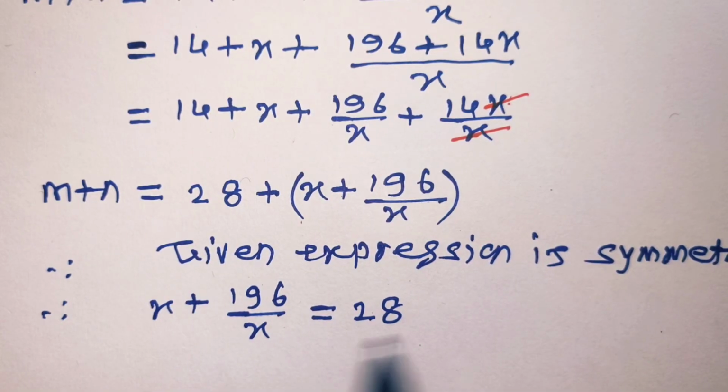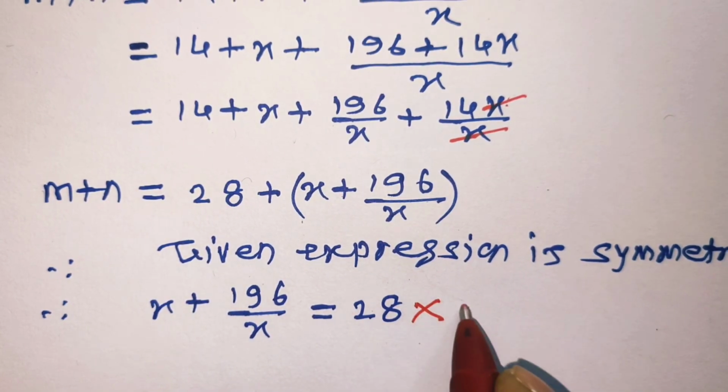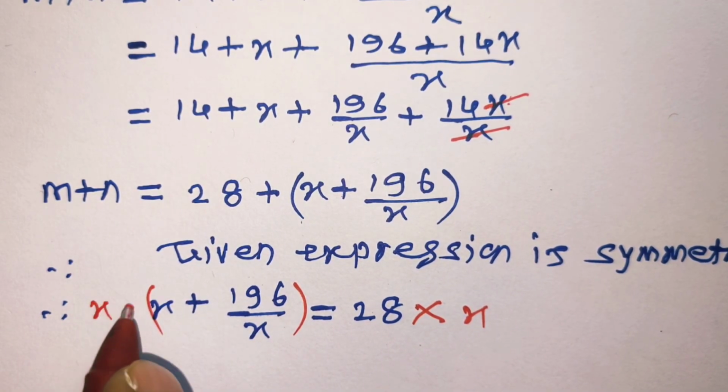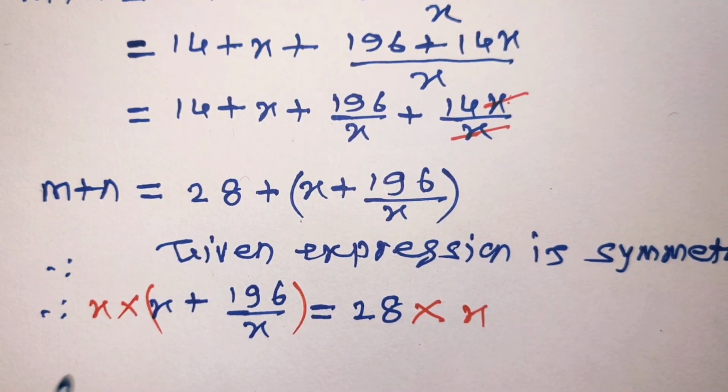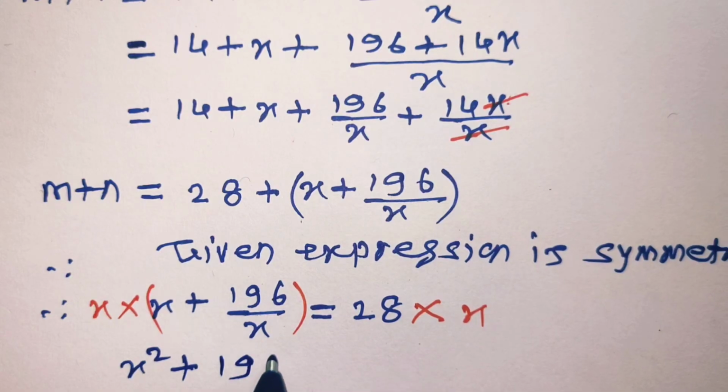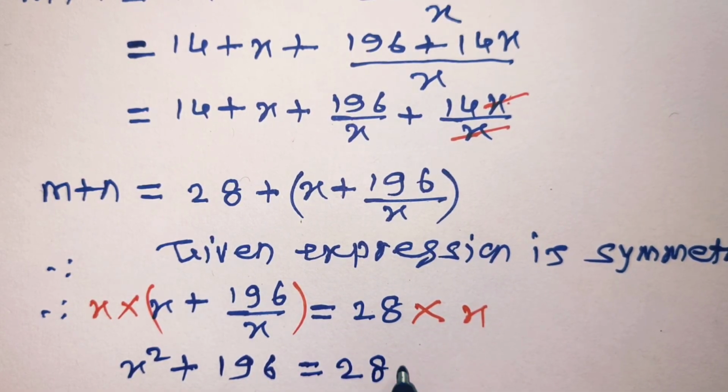Simplify this, multiplying both sides by x. This gives x into x, x square, plus x into 196 divided by x gets cancelled, 196 is equal to 28x.